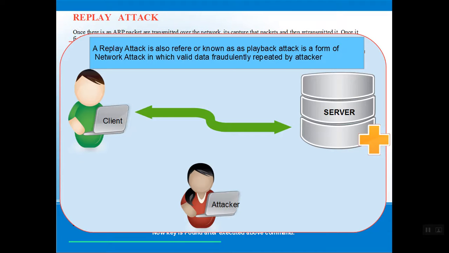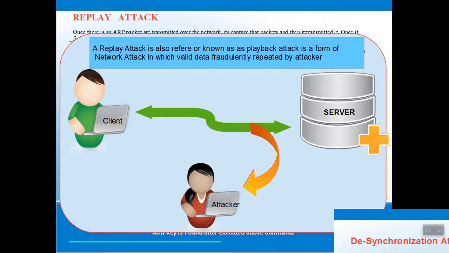But here the attacker comes in between, and he is simply monitoring and capturing the packets going between the client and server, and by manipulating or tampering with those packets, he can tamper with the data, causing delays or fraudulent repetition by the attacker. So this is the scenario of a replay attack.